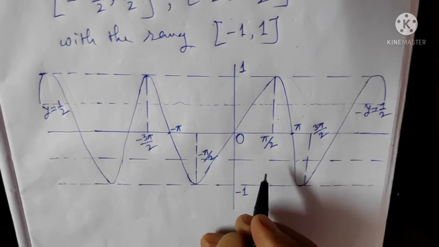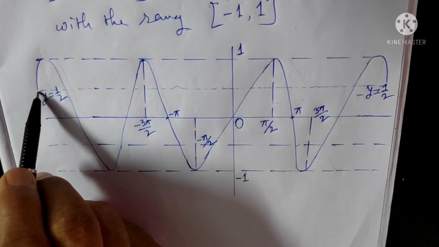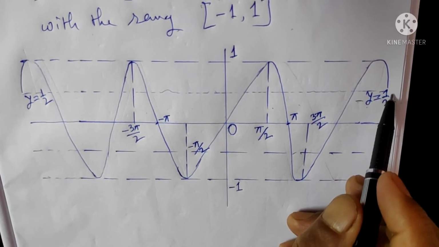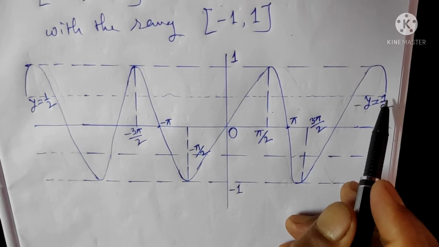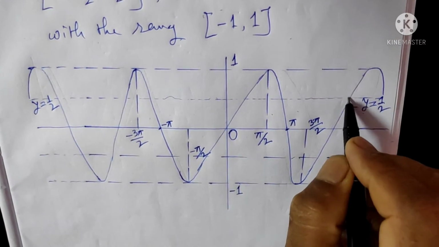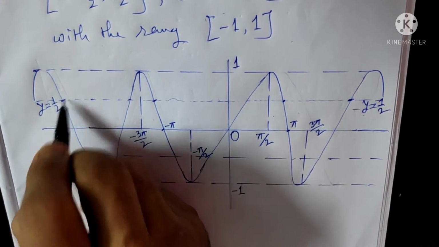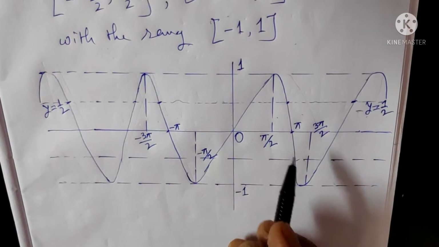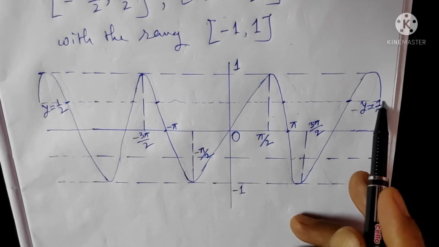As the horizontal line y is equal to half meets the graph in many points, such as this point and this point on the graph, f is not one-one.